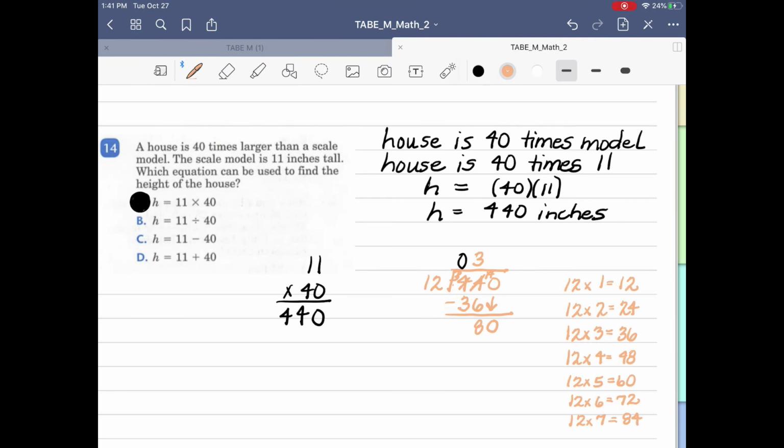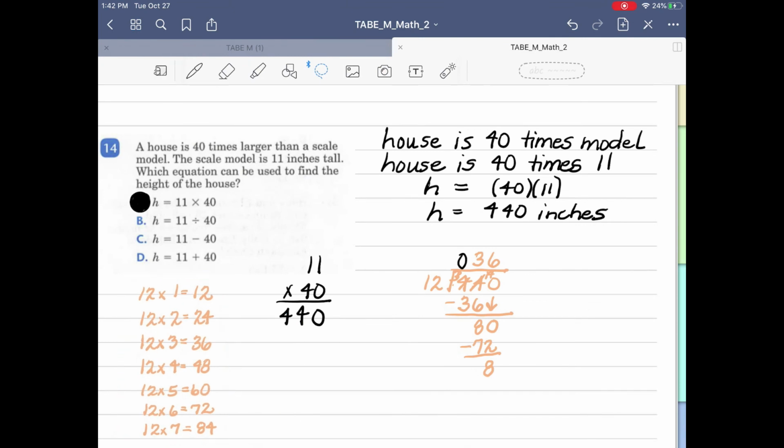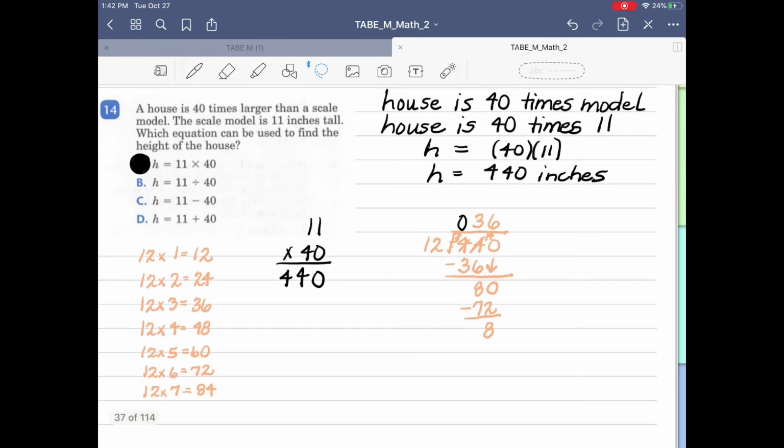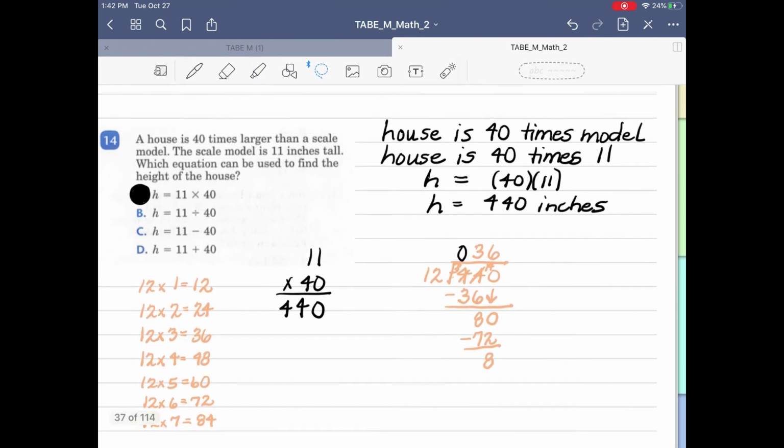So we want the sixth iteration, and that is 72 and 8. And I wanted to show you this because here's how you deal with a remainder. Let me pull my iterations over out of the way. And I know our question did not ask this, but this is a good one to show you this on.